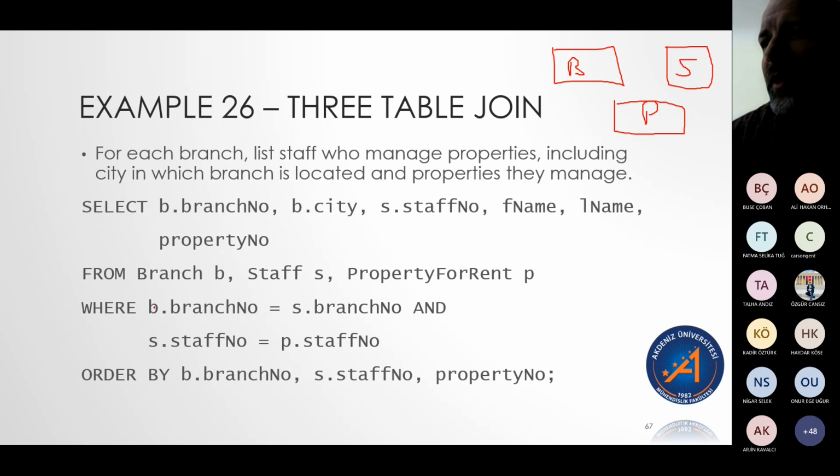But I only want the ones from the branch table that match the branch number with the branch number from the staff table. So what I'm saying is I want there to be a relationship between the branch and the staff table. And then the staff and the property for rent table, there's a relationship there as well. In a sense, we're making a graph out of these nodes, right?